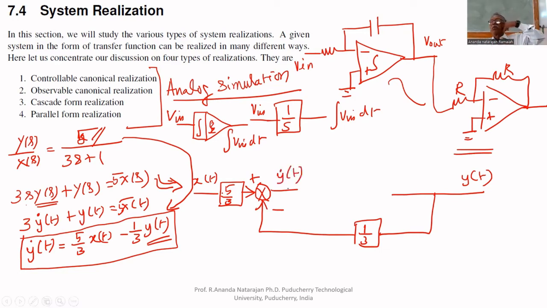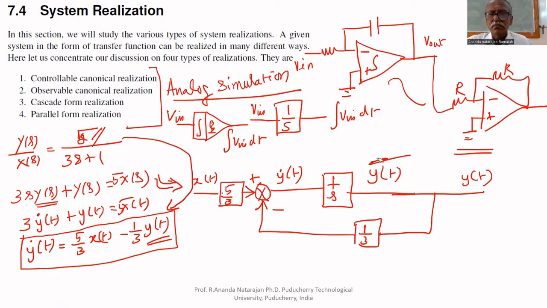If you integrate y dot of t, you will get y of t. So this is the analog way of simulation. Analog simulation of any transfer function.